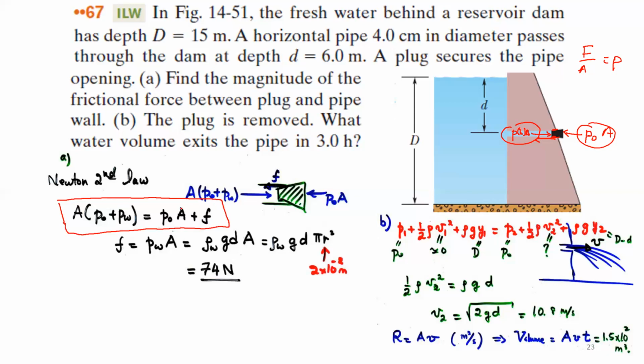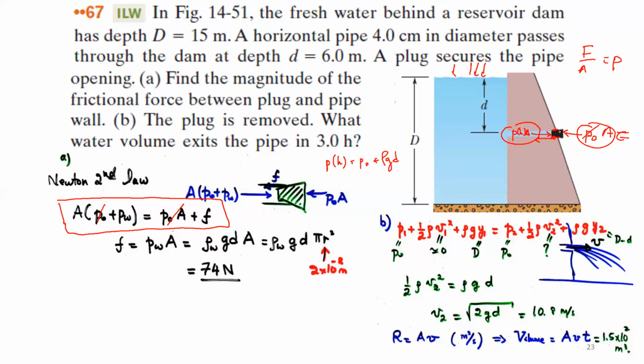So the atmospheric pressure will just cancel, because the pressure at this depth is P_h, which is P0 plus rho g h, and here h is equal to d. Atmospheric pressure is pushing here, but it's also pushing here, so this and this will cancel.